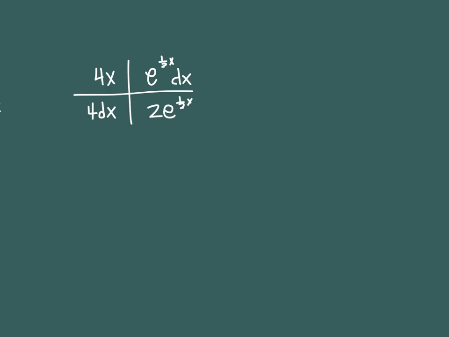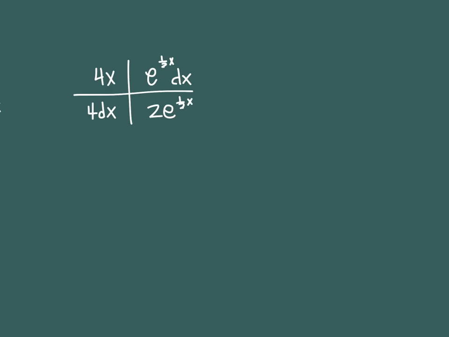So we'll choose u for this one. 4x will be my choice, which means e to the half x dx is left. So my differential on 4x will be 4 dx. My antiderivative again is 2 e to the half x.